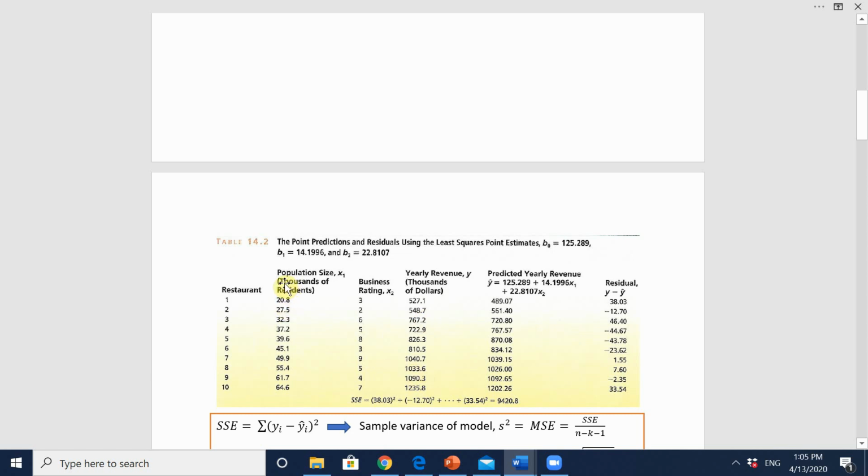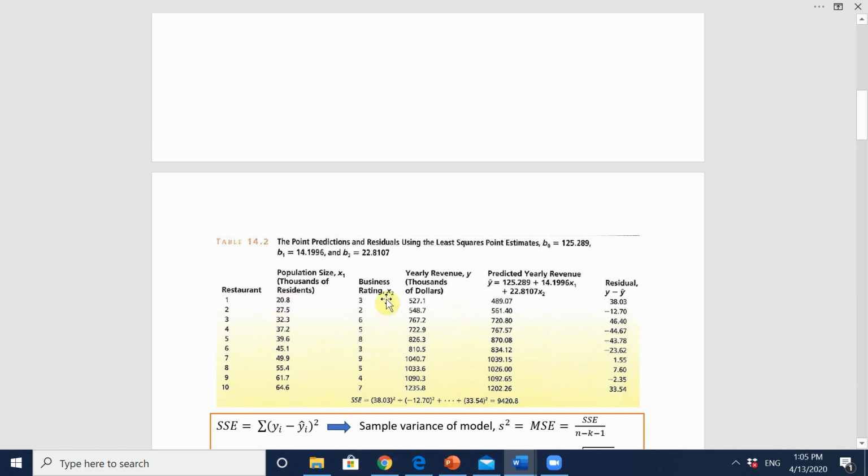Here call it x1, because now we are looking at multiple independent variables. In fact, here we are looking at two independent variables. X1 is the population size in thousands of units where the randomly selected restaurant lies, where that restaurant actually is found. So we have the population areas over here.